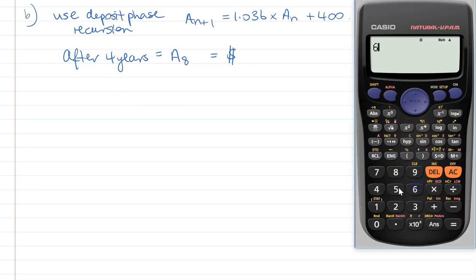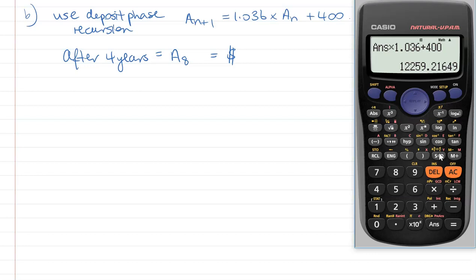So remember, if we started off with the 6,500, enter that in, times it by your rate, and the fact that you're depositing 400 every time. So there's 1, 2, 3, 4, 5, 6, 7, 8th recursion.